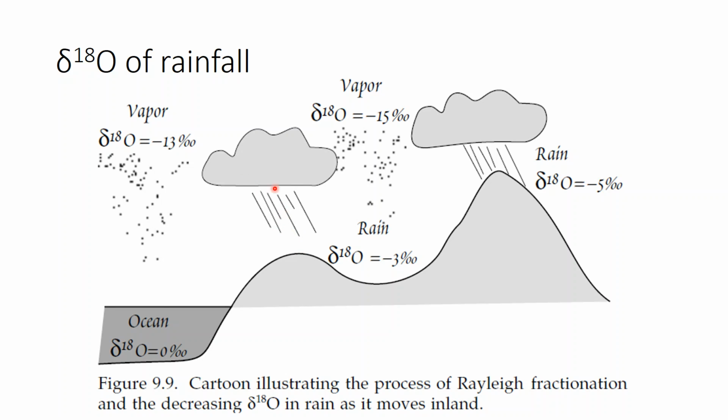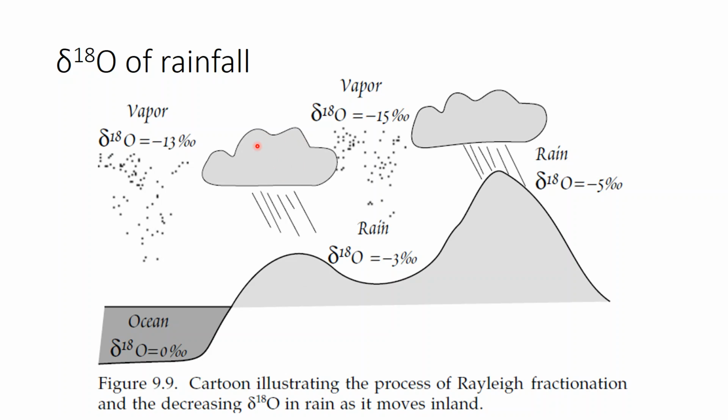Now, as that rainwater condenses, that condensation process will preferentially remove heavy isotopes from this cloud into rain. And you can see that the rain that falls out of the cloud is indeed enriched in heavier isotopes relative to the water vapor. So we go from minus 13 to minus 3, so that's getting heavier.